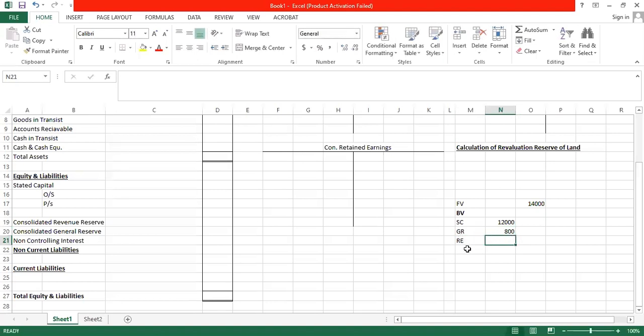Now, before getting the general reserve and the retained earnings, you have to ensure whether these general reserves and retained earnings as at the given balance sheet date are the same balances as at the acquisition date, because we are revaluing on the acquisition date.